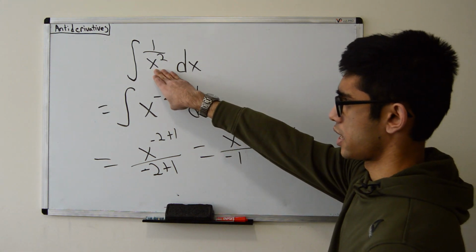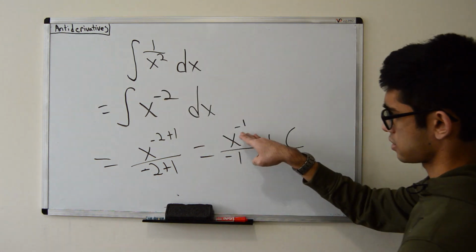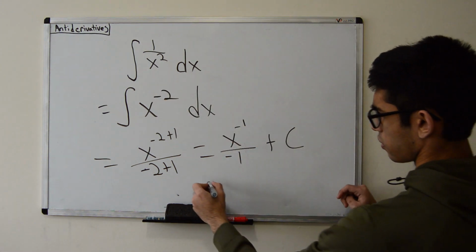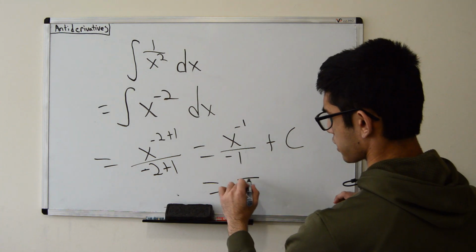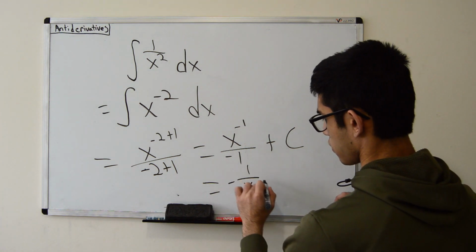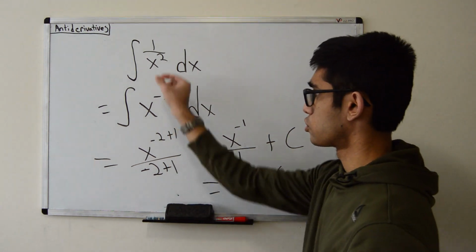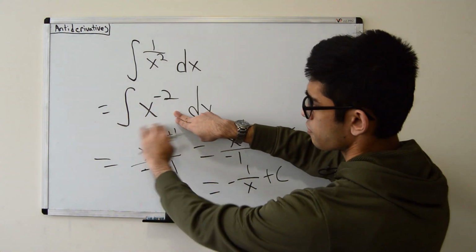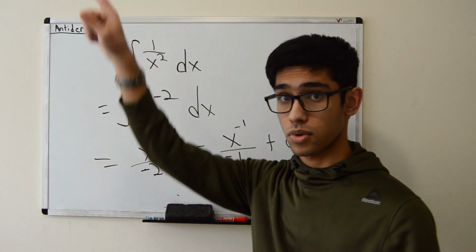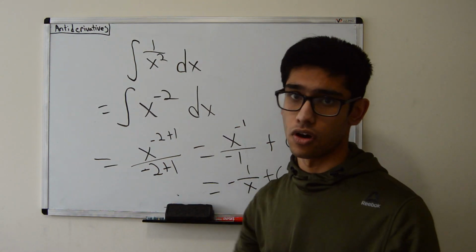So the integral of that is just x to the power of negative 1 over negative 1. If you want it cleaner, you can bring the x down here and say negative 1 over x plus c. That's all you have to do. You just brought the power up there, and now it looks like something we can do. So x to the n plus 1, and then divide by n plus 1. All there is to it.